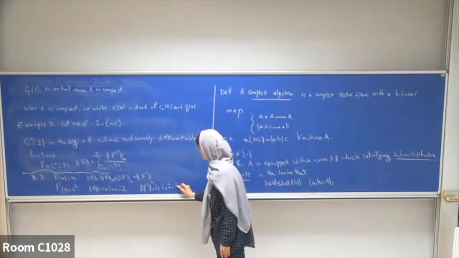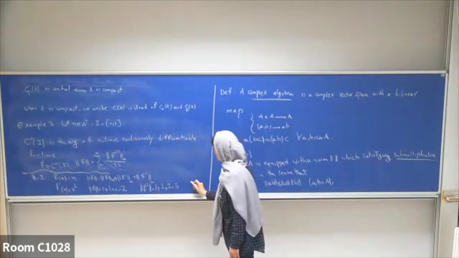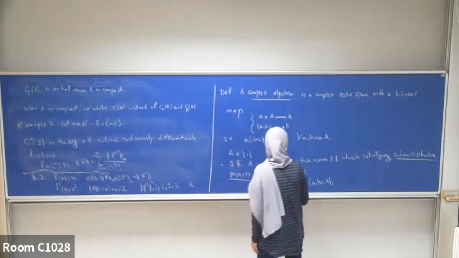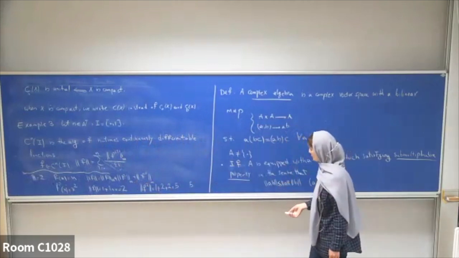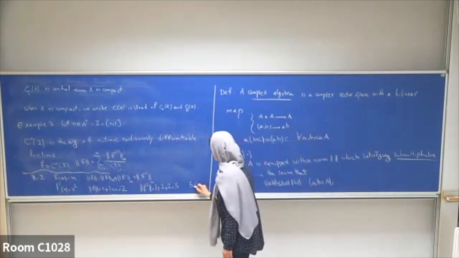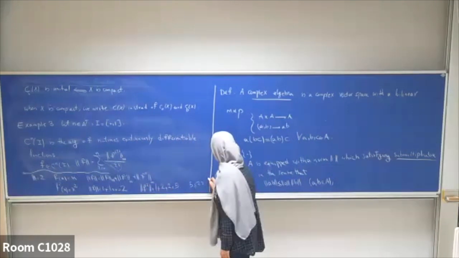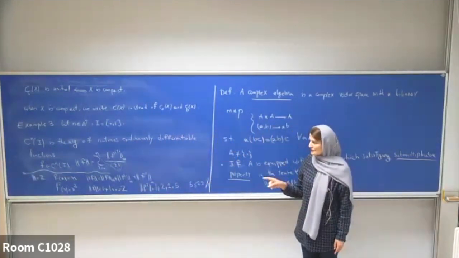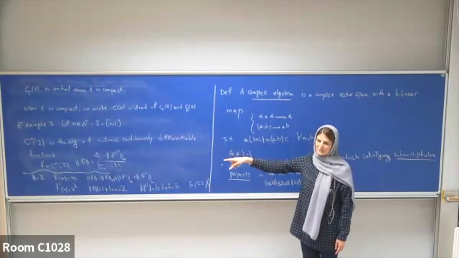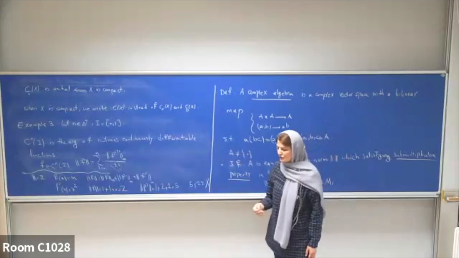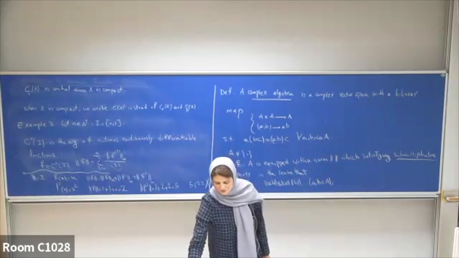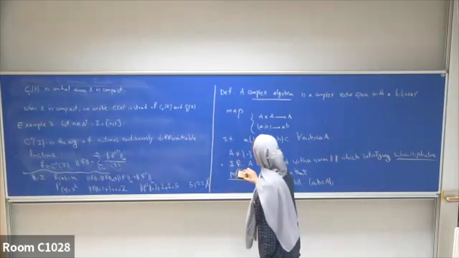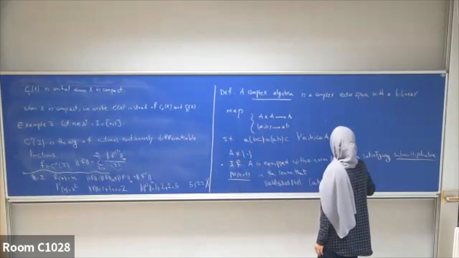So we have 5 here. And according to this property, we expect to have this inequality, which is impossible. So it shows that those coefficients are necessary to give us an algebra norm.